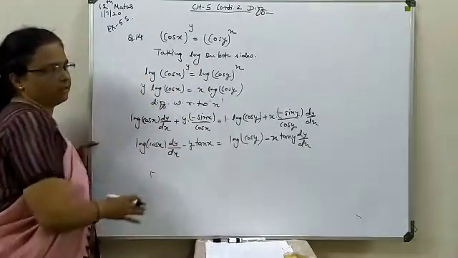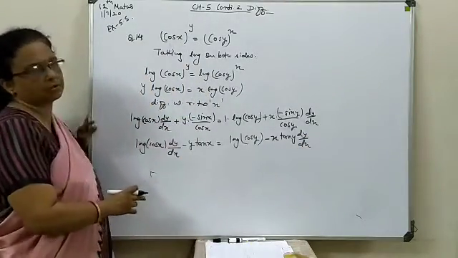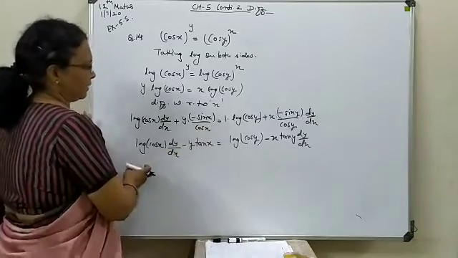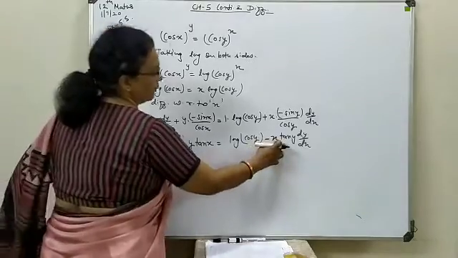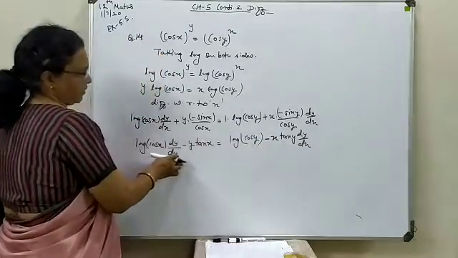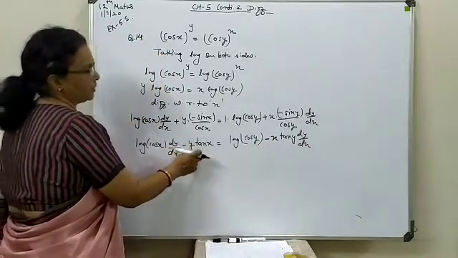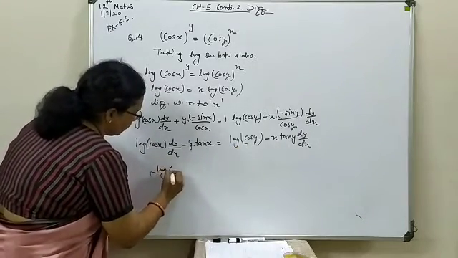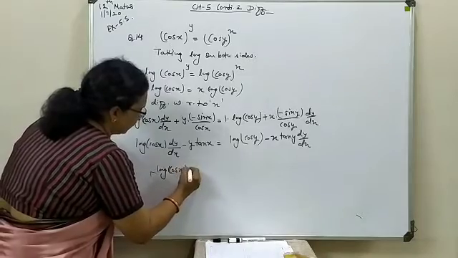This is only the derivation we have written, but your main purpose is to sort out dy by dx separately. So combine the dy by dx terms. We are going to shift this dy by dx term towards the left hand side and the non dy by dx term towards that side. So here it will be log cos of x dy by dx.